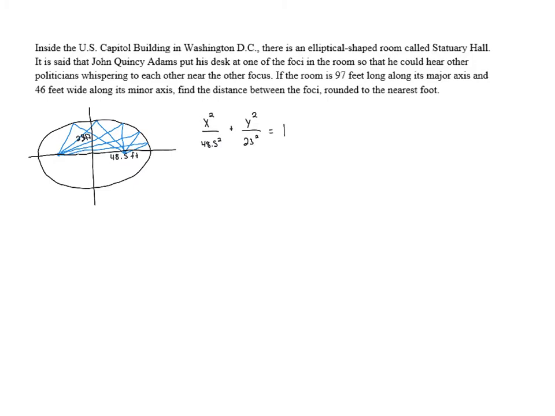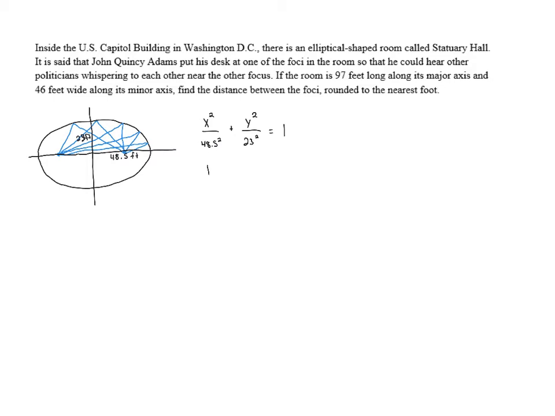Now what we were asked for is the distance between the two foci, and that distance is actually equal to 2c. Because remember, c is the distance from one of the foci to the center, but if we're looking for the distance between them, that's going to be 2c.